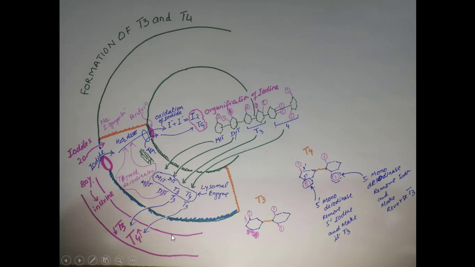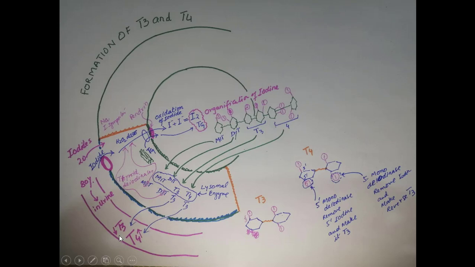And here we have the lysosomal proteolytic enzymes which are going to cleave T3 from T4, MIT from DIT. Then another enzyme, the thyroid deiodinase, is going to remove the iodine from this MIT and DIT, and it will be recycled from here.